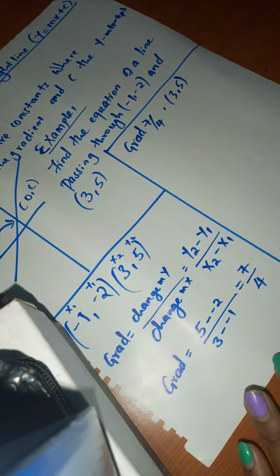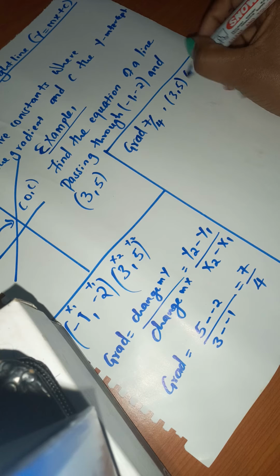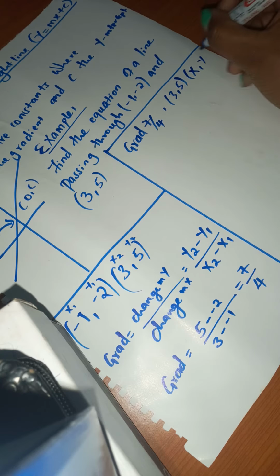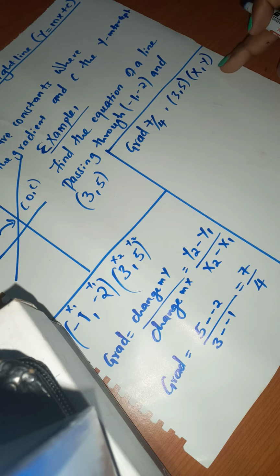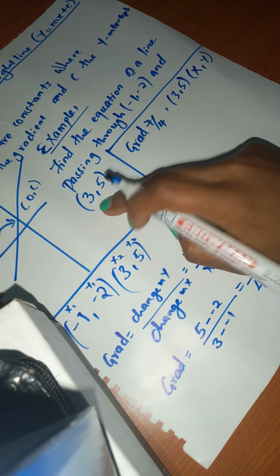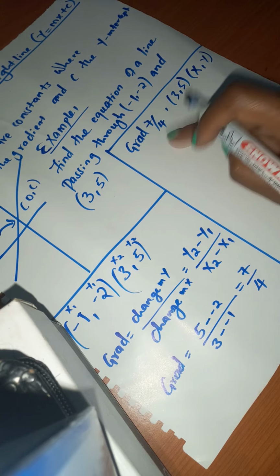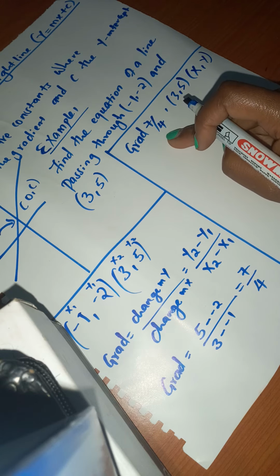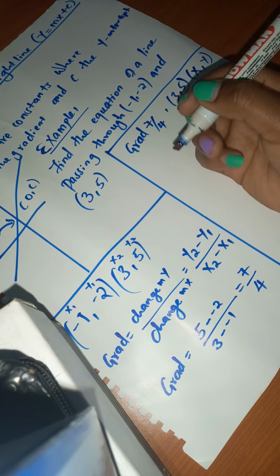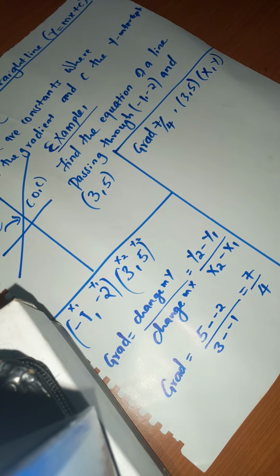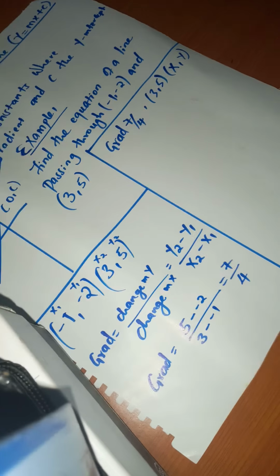And being on the line, we can take another imaginary point with coordinates x, y. So I have a known point (3, 5), and 7/4 is the gradient.